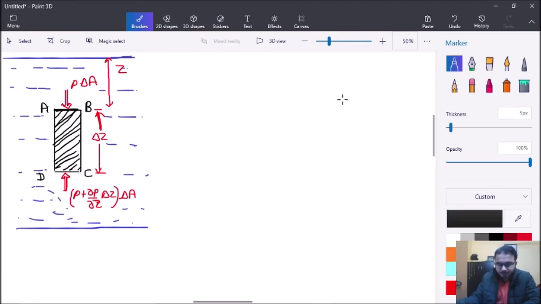Now delta A is equal to cross sectional area of fluid element.